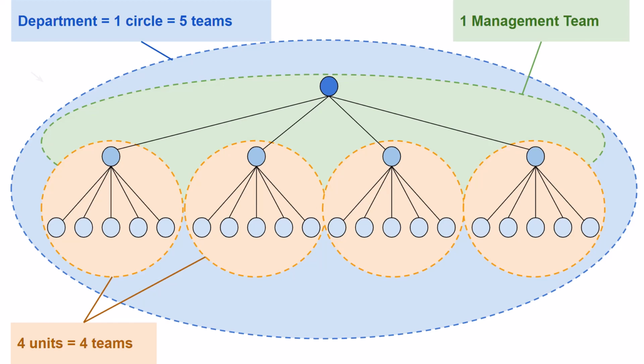So you want the 4 supervisors to be part of the management team. That's when they take the survey. They don't take the survey when they are in the team, right? So this means that in the team that's on the left, you have 5 staff plus 1 supervisor. Only the 5 staff take the survey. The supervisor will take the survey when he's invited by the head of the department to take the survey.